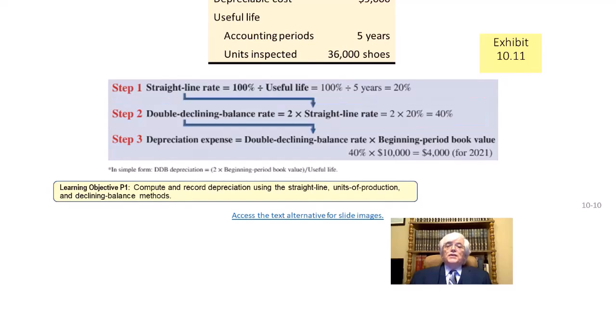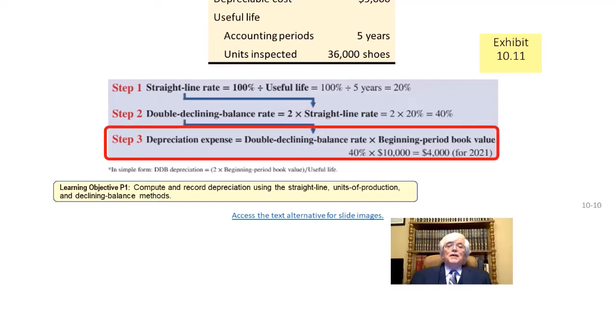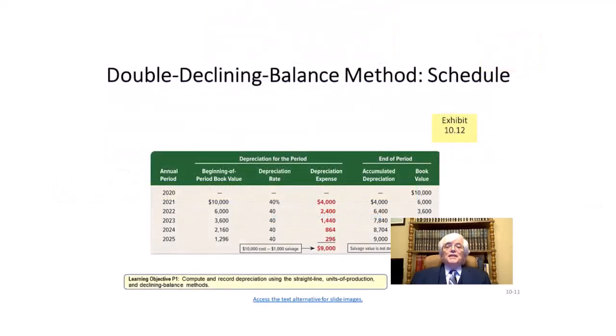The most popular choice for the factor is 2. That method is called double declining balance depreciation. Multiply the declining balance rate by the asset's book value at the beginning of the period. Declining balance depreciation is illustrated in Exhibit 10.12.